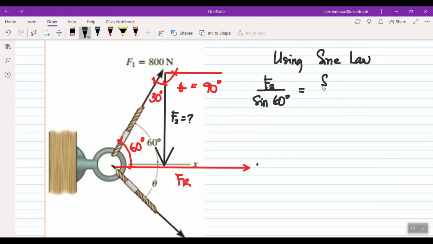Ang given yung 800. Ang katapat niya, ito 800, so sine 90. Then, ito na. The value of F sub 2 magnitude is equal to 800 divided by sine 90 times sine 30. The answer is 400 Newton. Okay? So that is your final answer.